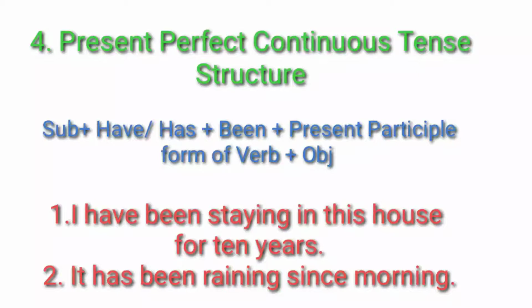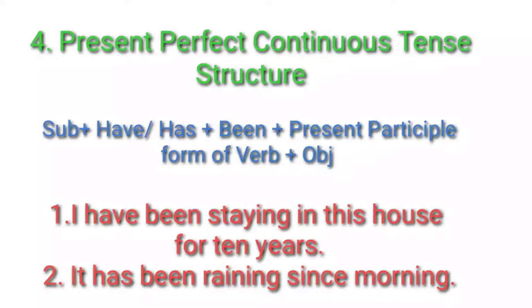When you come to the sentences: "I have been staying in this house for 10 years." Second one, "It has been raining since morning." "I have been staying in this house for 10 years" means, what is the meaning? 10 years back I came to this house and am still living in the same house.